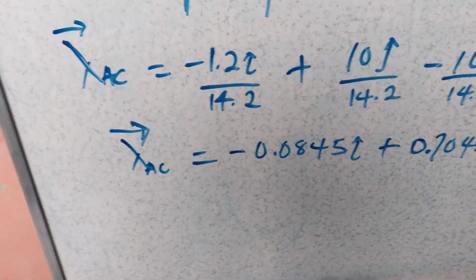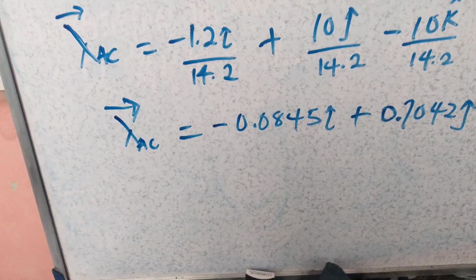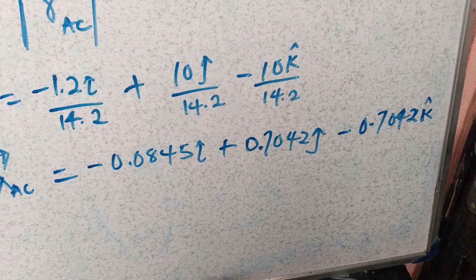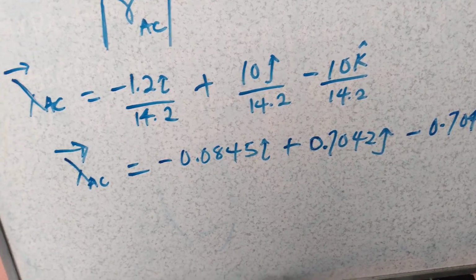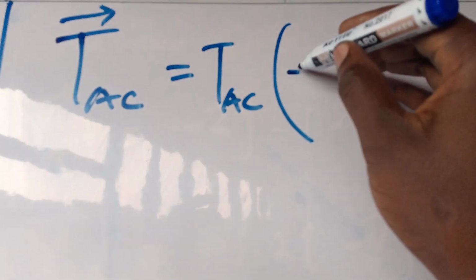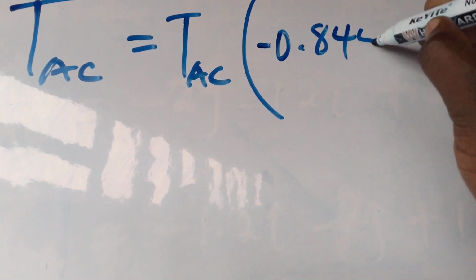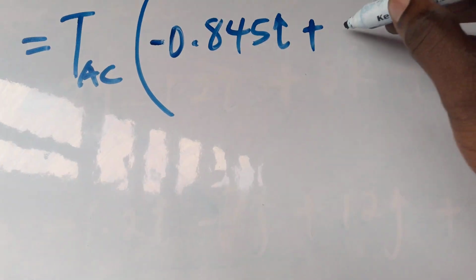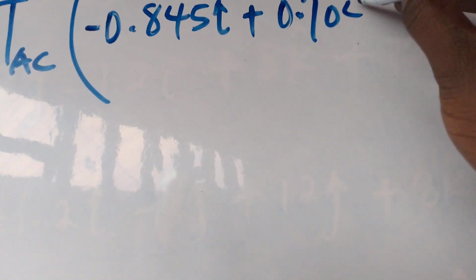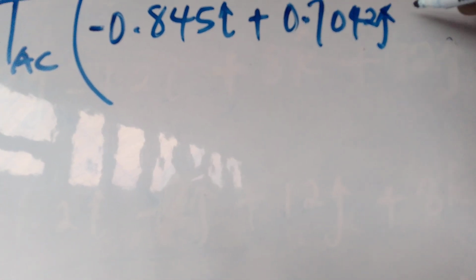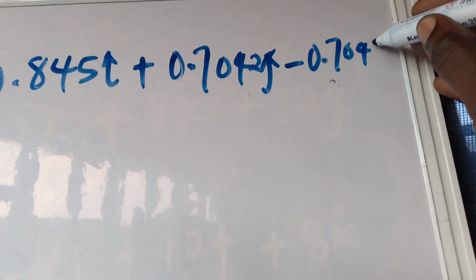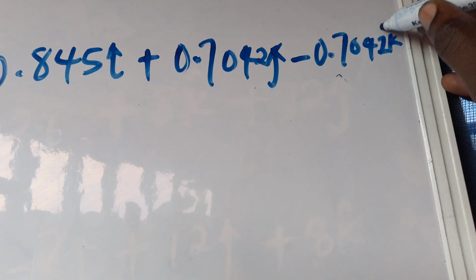We had lambda AC as minus 0.0845i plus 0.7042g minus 0.7042k.